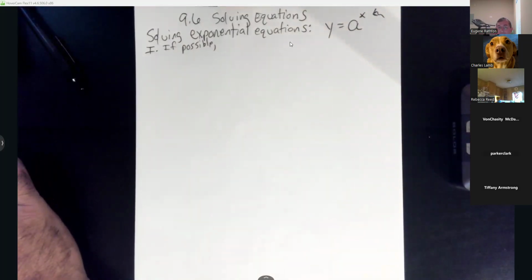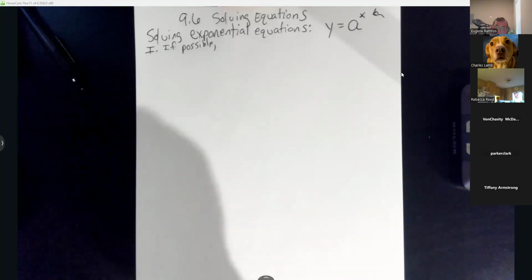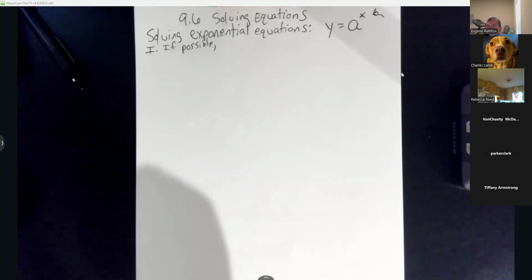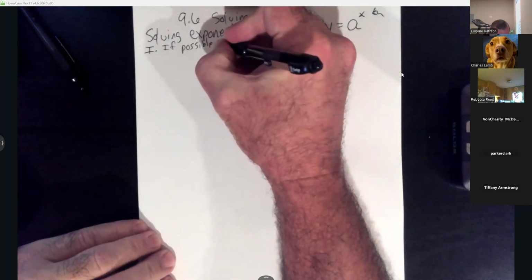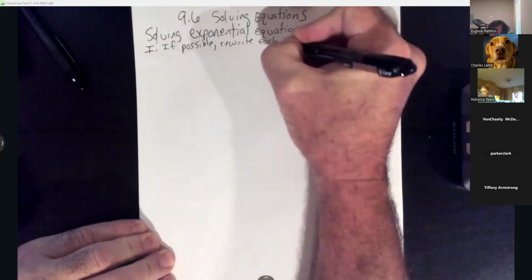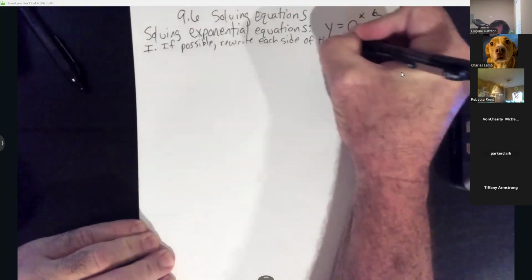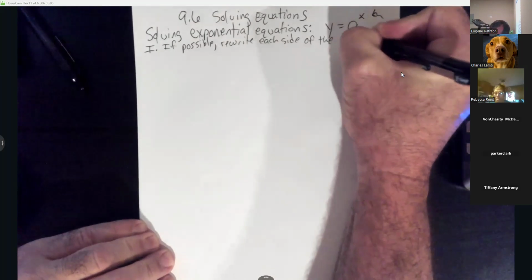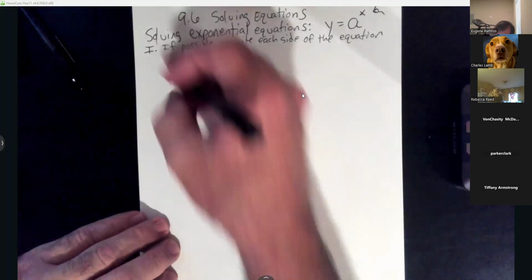Y'all, if it's possible, the first step you want to do is to try and rewrite each side of the equation using the same base.